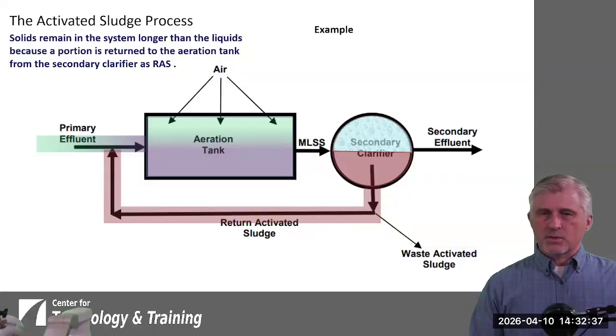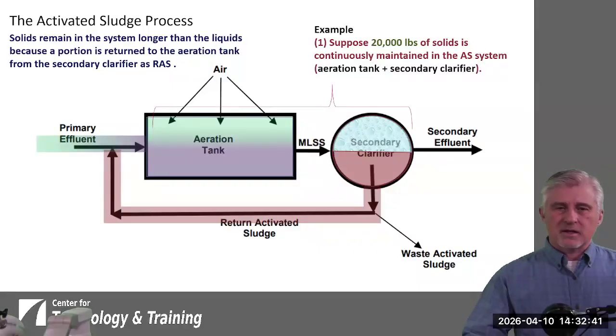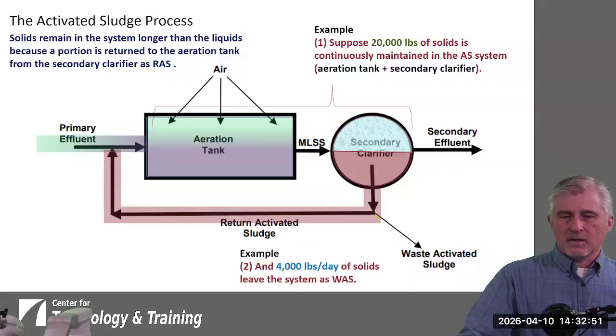So we have an example. Suppose that we had 20,000 pounds of solids continuously maintained in the activated sludge system. That's combined the aeration tank and the secondary clarifier. And we had 4,000 pounds a day of solids that leave the system as waste activated sludge.